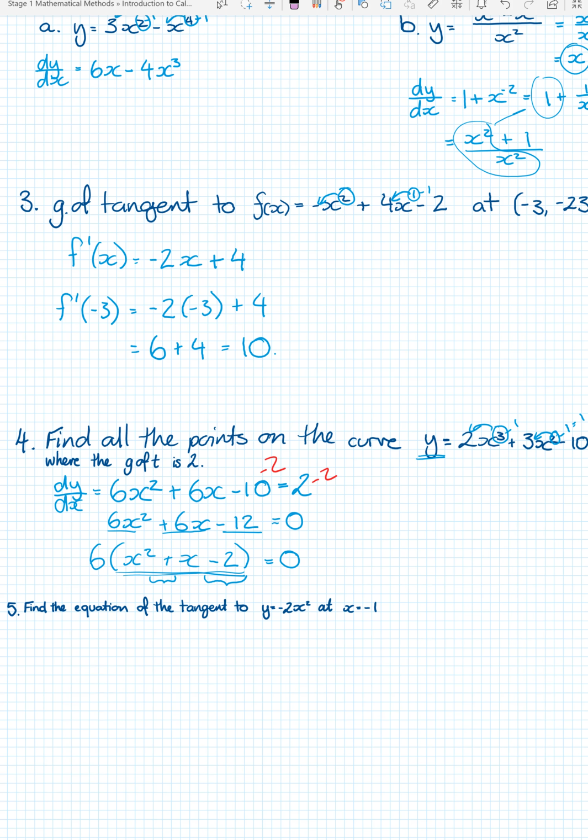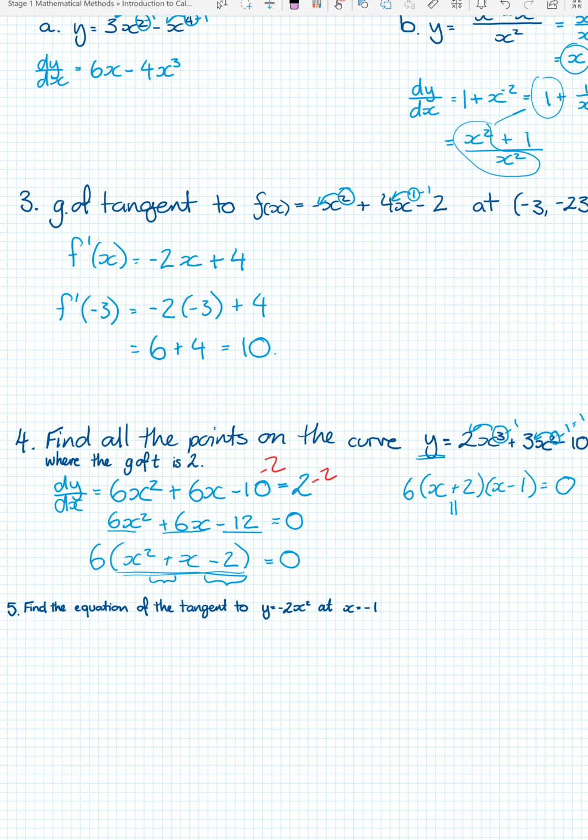So two numbers that multiplied together to give us minus 2 would be minus 2 and positive 1, or minus 1 and positive 2. Now we need to get positive 1 here, so it's going to have to be positive 2 and negative 1. So we can have 6 times x plus 2, x take 1 equals 0.